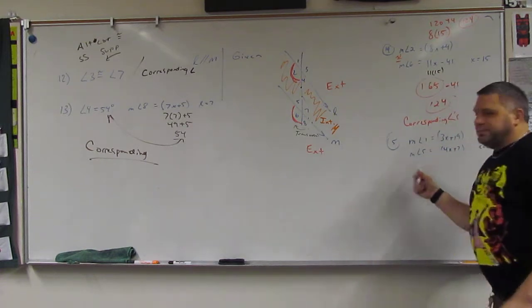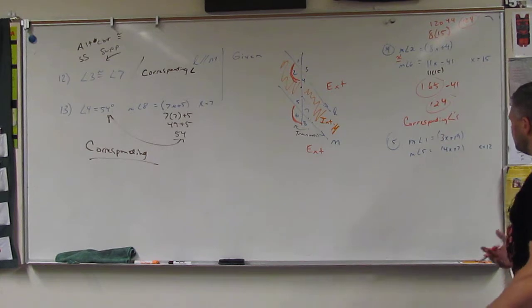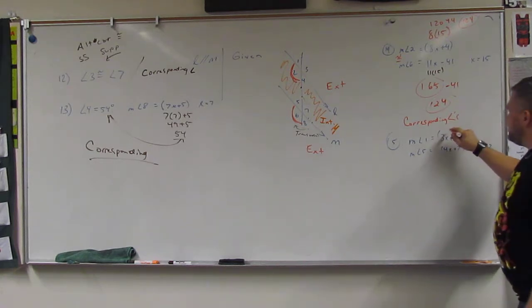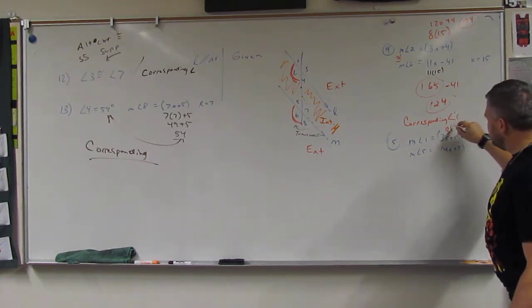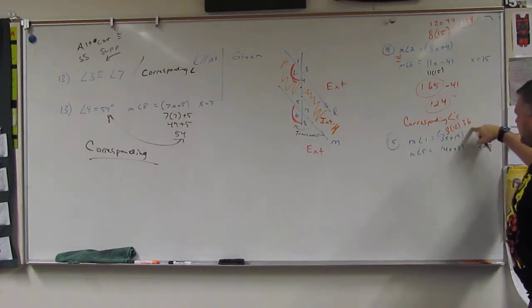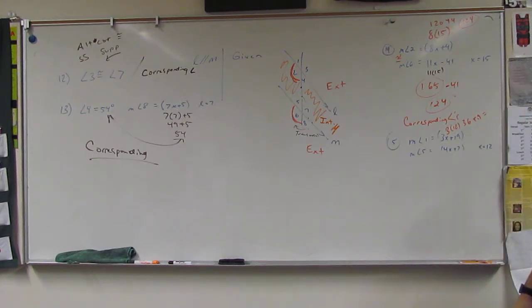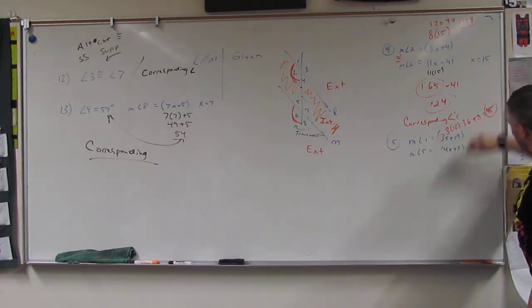Alright, this next one. We got to plug it in. What's 3 times 12? 36. Okay. And then what's 36 plus 19? So 46 plus 9. 45? Okay.